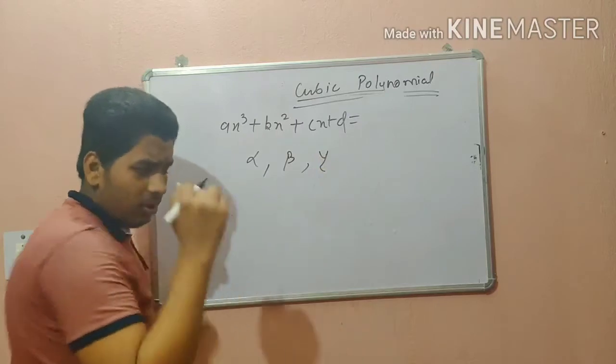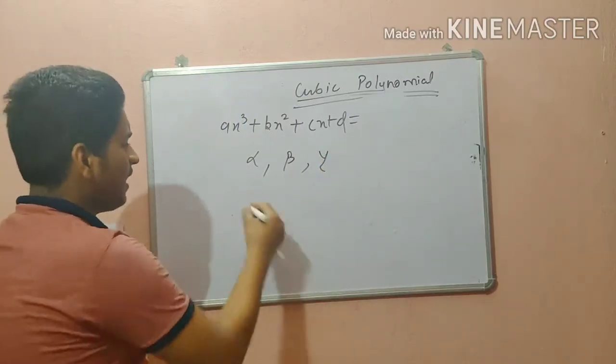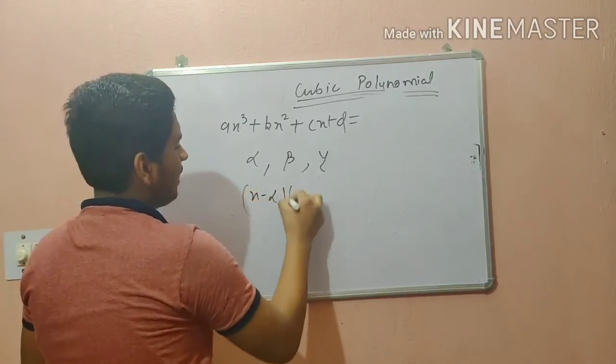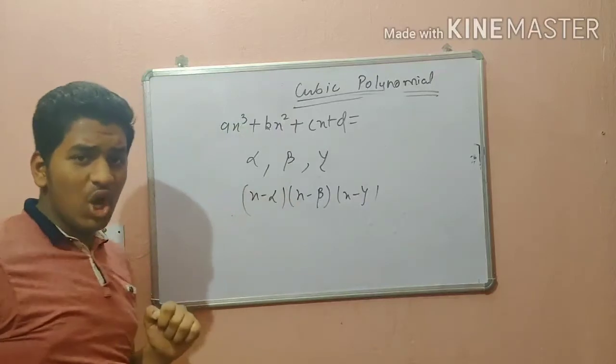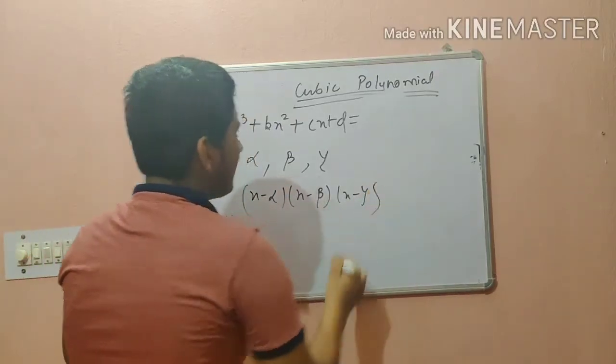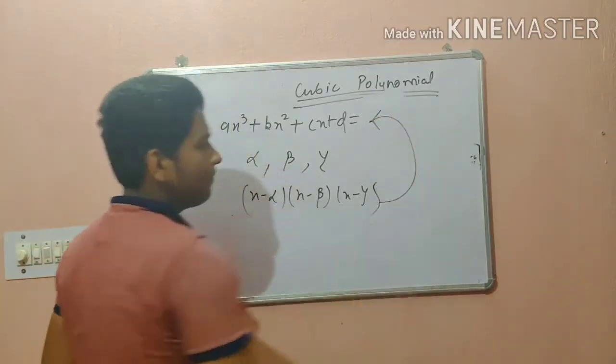And we know that x minus alpha is a factor, x minus beta is a factor, and x minus gamma is a factor.